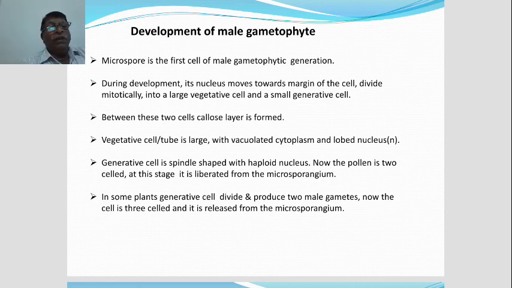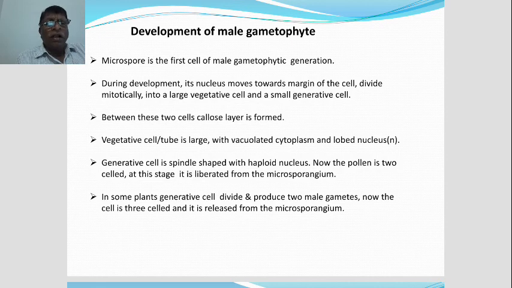Now the single-celled microspore develops into two-celled male gametophyte or pollen grain. At this two-cell stage, it is liberated outside from the microsporangium of anther by the dehiscence of the anther.